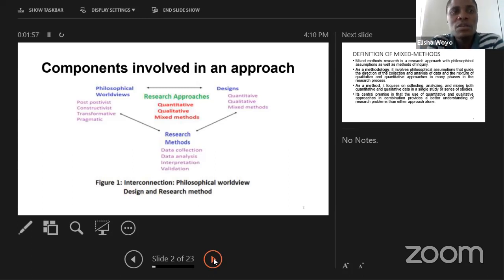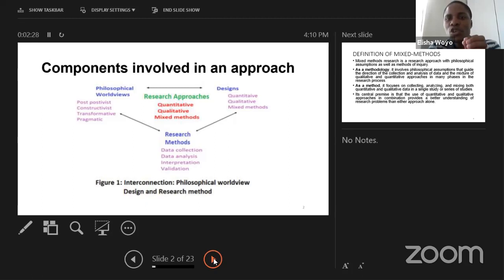And previously, we also looked at this triangle that I always say is going to stay there until we are done with these methodology issues that we are talking about. In this triangle, we have issues of philosophy on the one side. We have issues of designs or approaches on another side.